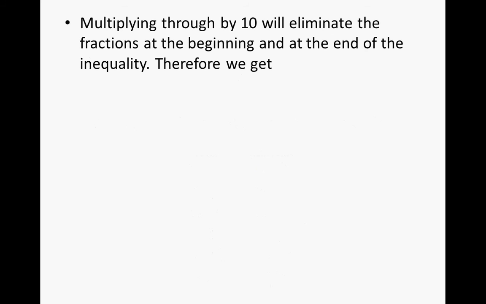So multiplying through by 10 will eliminate the fractions at the beginning and at the end of the inequality. Therefore, we get m is less than 10 times 2/11ths, which is less than m plus 1.